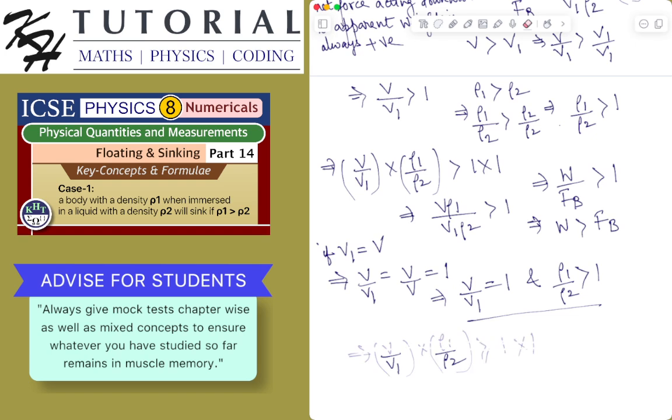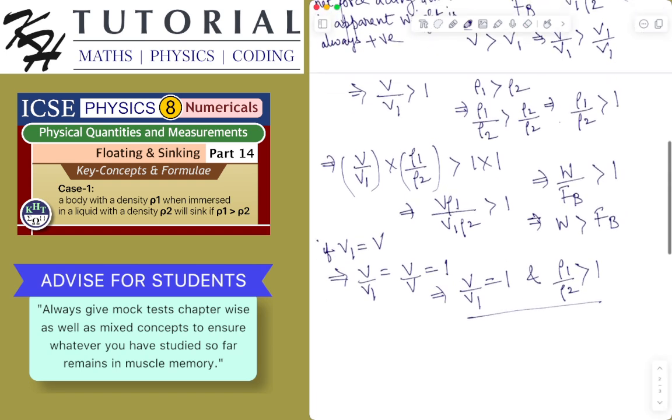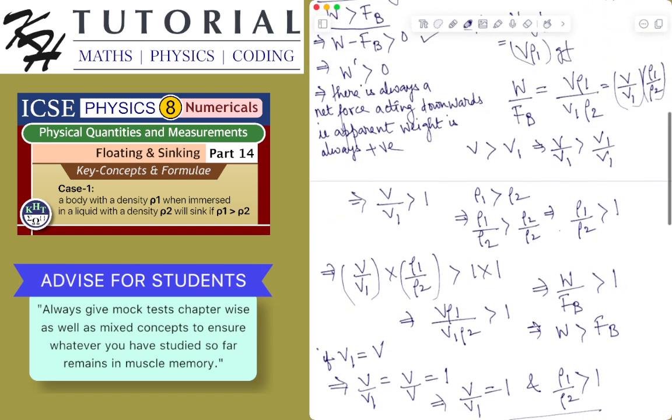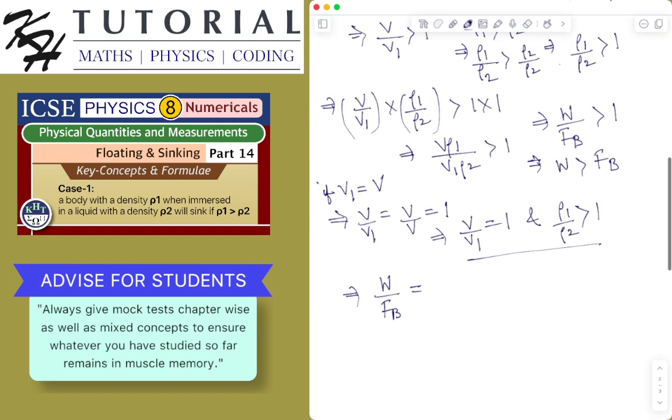Then what is W by FB? This implies W by FB was equal to V rho 1 by V1 rho 2.